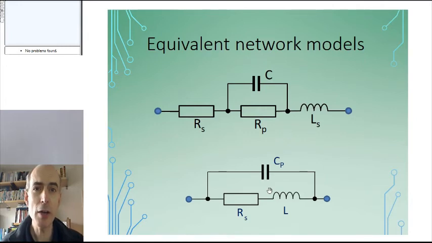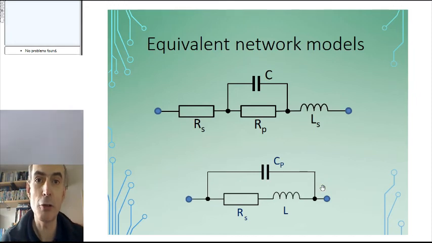Because at those very high frequencies, it's the impedance of this parallel capacitor which is dominating the impedance of the whole component. It is smaller than the impedance of the inductance and the resistance, so most of the current flows through this parasitic capacitance.